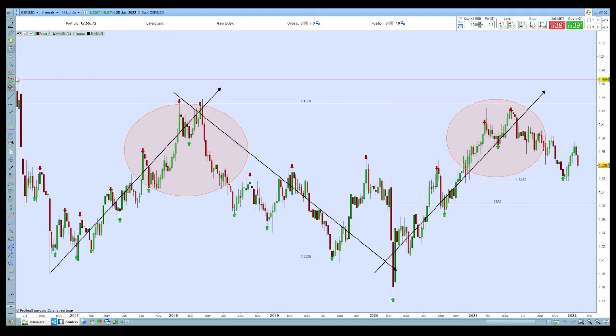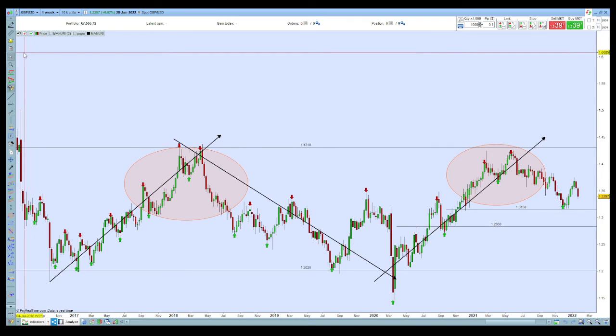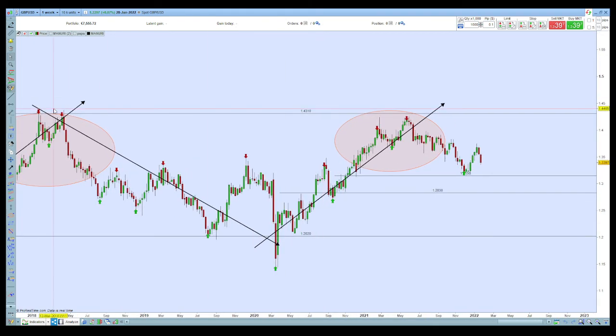Okay, on the weekly chart also we have a confirmation of the bearish momentum with a bearish engulfing pattern also here. Okay, so we can see the first support here will be at 1.3175.